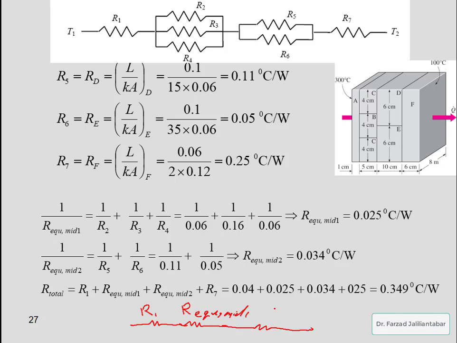Then we have here R equal mid 2. Then R7, and this is T1 to T2.